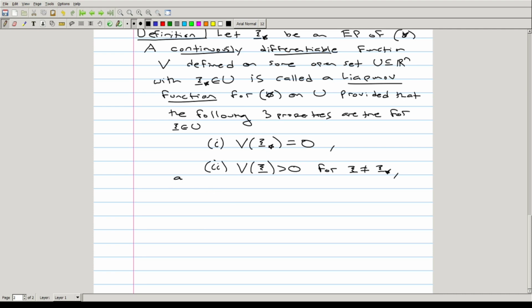And the third thing that we have to have, and the most critical, which is related to the property that I was talking about before, is that the gradient of V at xi dot product with G of xi has to be less than or equal to 0.